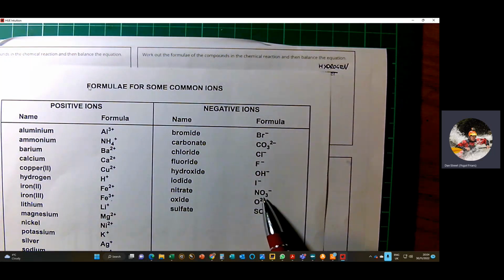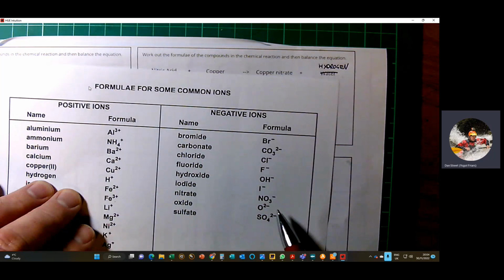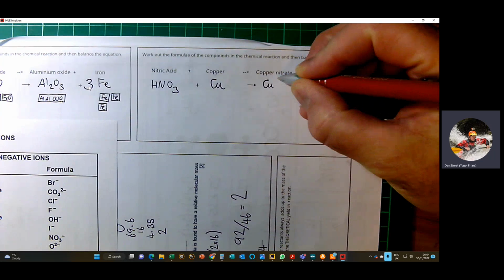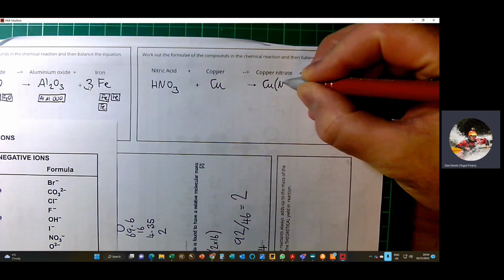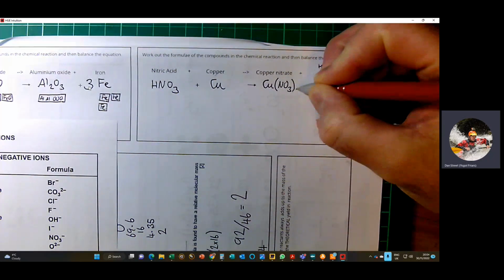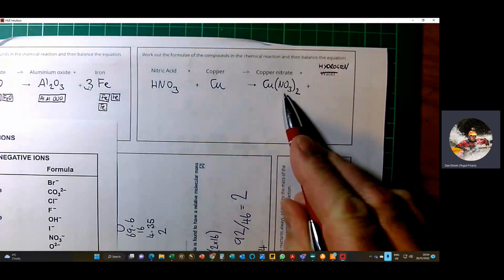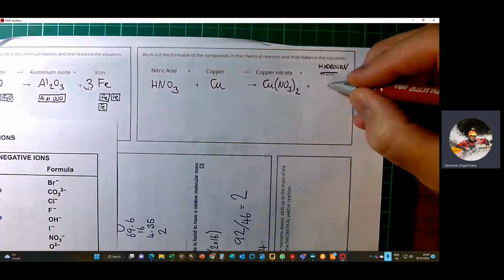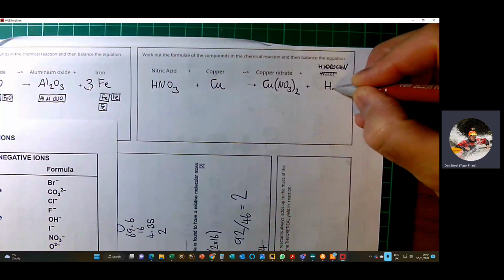And because this is a compound ion, we would need brackets around it to put the 2 after. So copper nitrate would be Cu(NO3)2, because we need 2 nitrates to electrically cancel out 1 copper. And then hydrogen is H2.